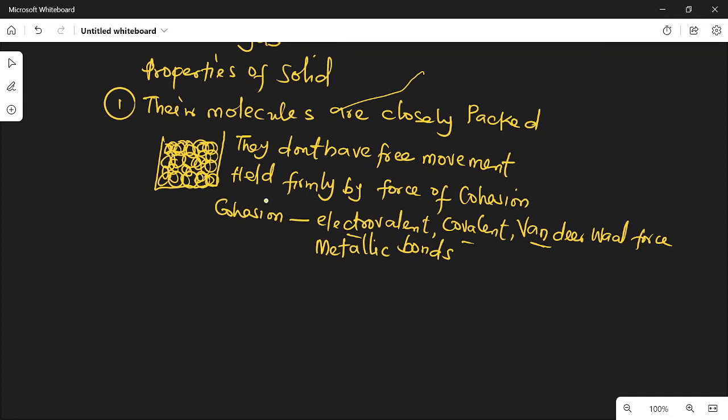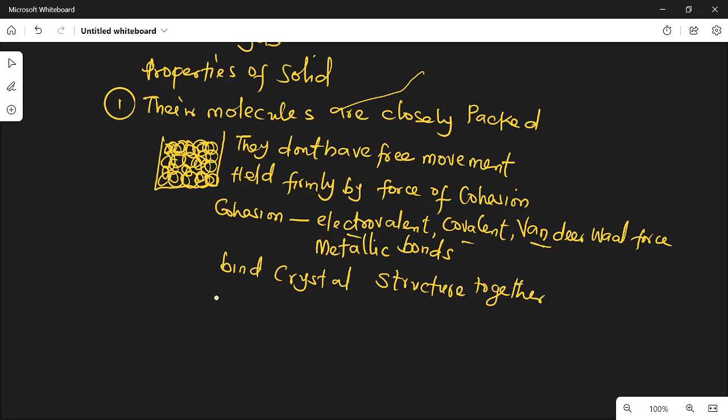These very particular bonds bind their crystal structure together.